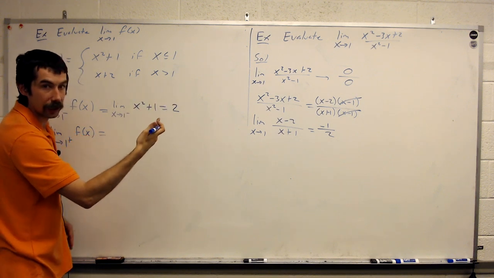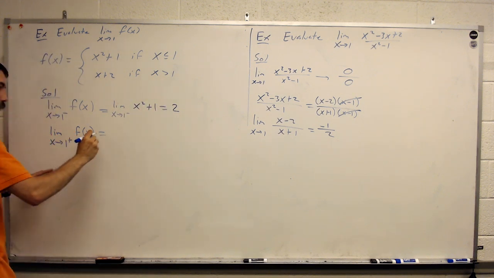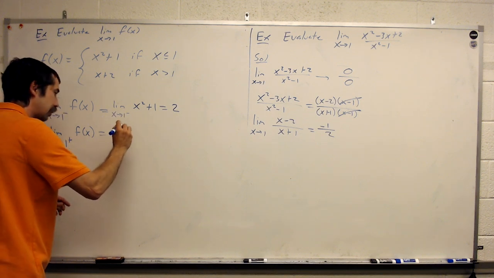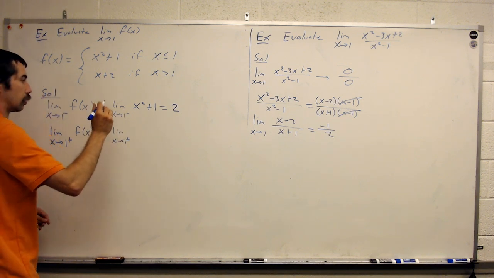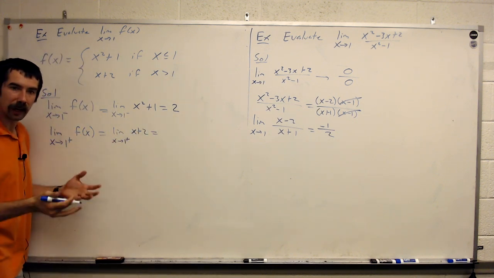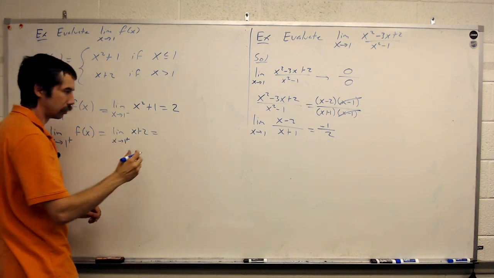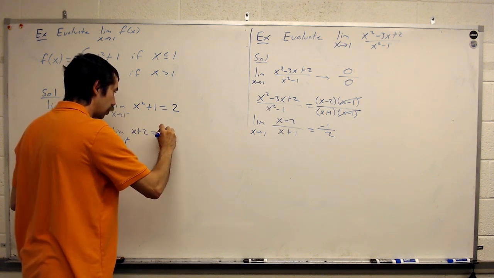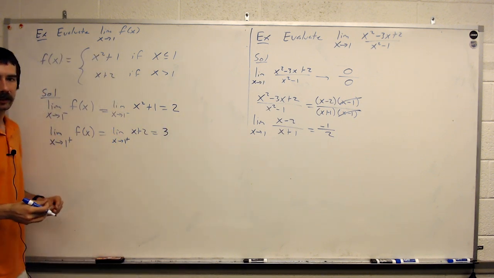So slightly bigger is bigger. So it's the limit as x goes to 1 from the right of x plus 2. And again, how do we evaluate this? We just plug in 1. 1 plus 2. You literally learned how to do that in kindergarten. And we get a value of 3.